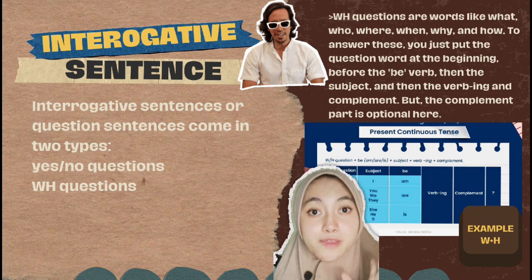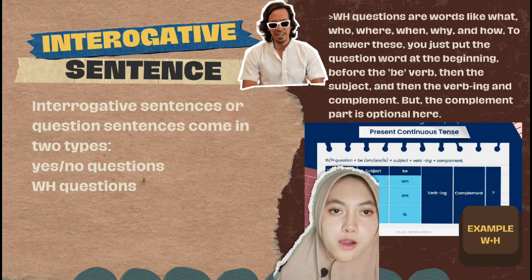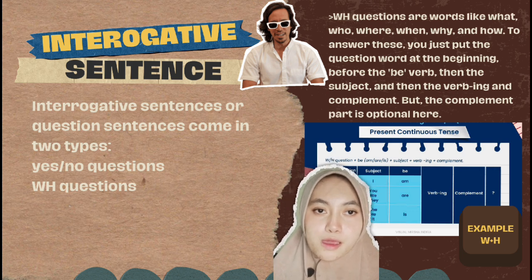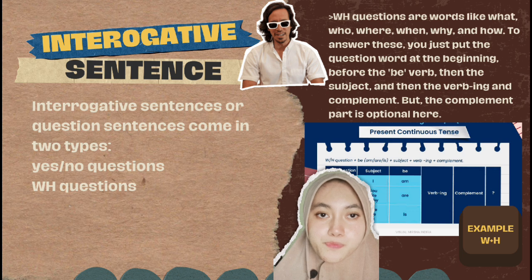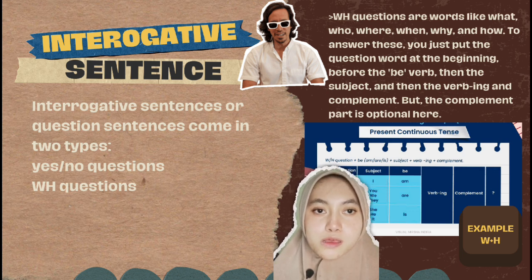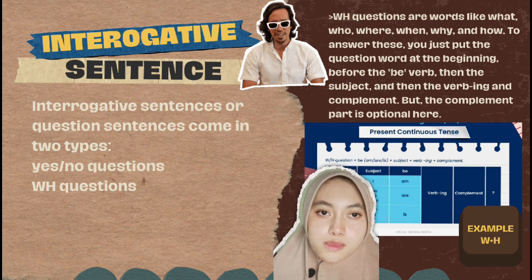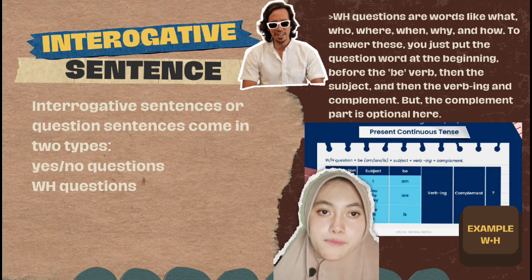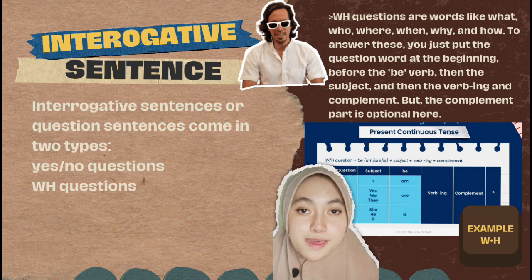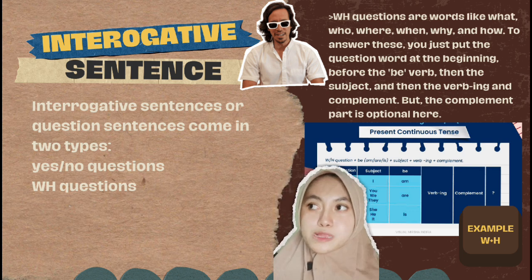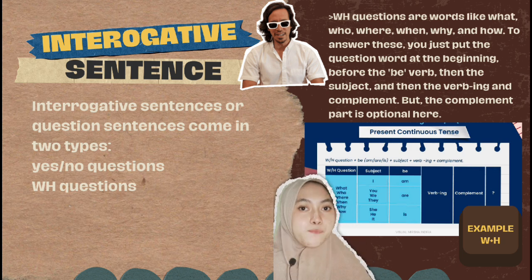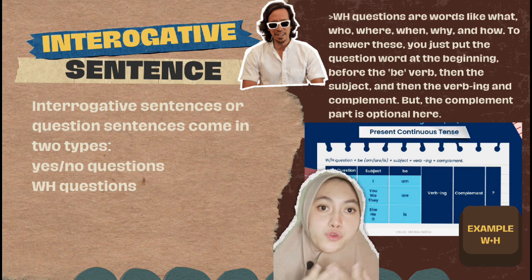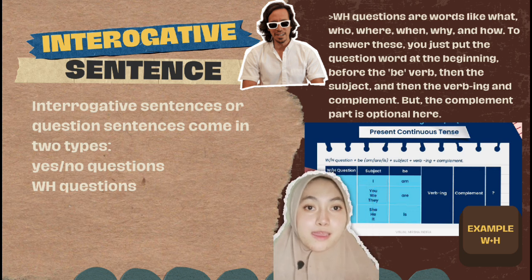It's like 5W plus H. To make this, you just put the question word at the beginning before the to be verb, and then the subject and the verb-ing with complement, but the complement part is optional here. Like I told you before, complement is just optional. You can put it if your partner still doesn't understand what you're talking about, just to make the information clear and complete.